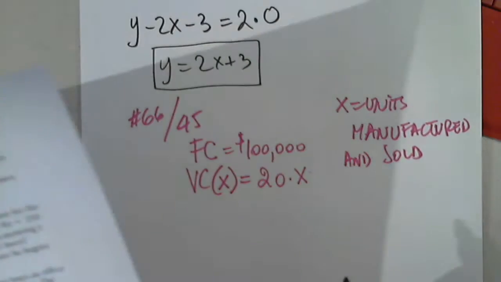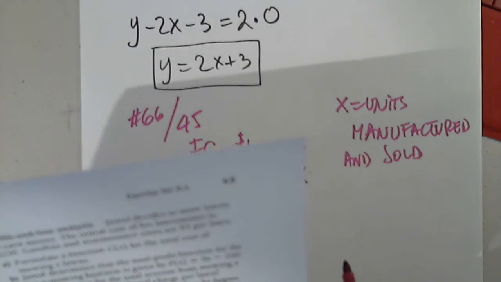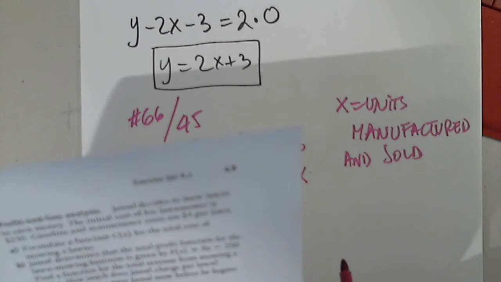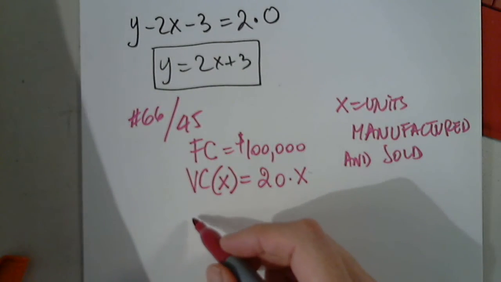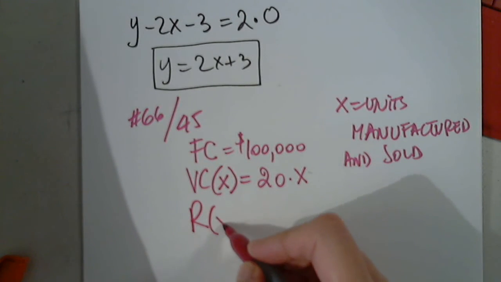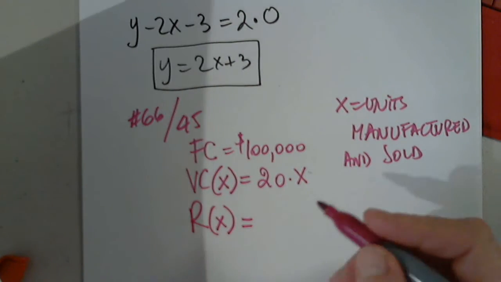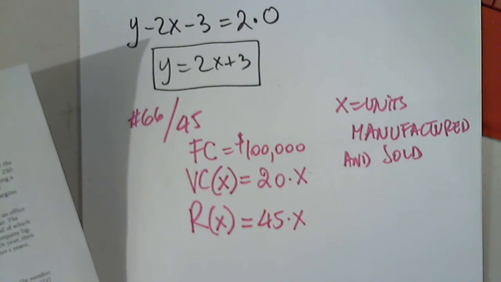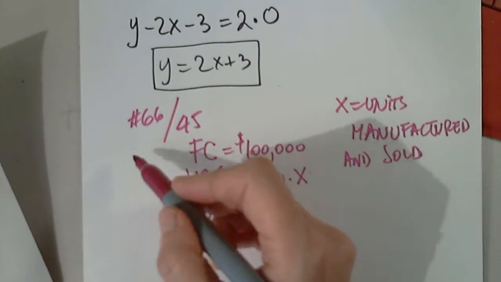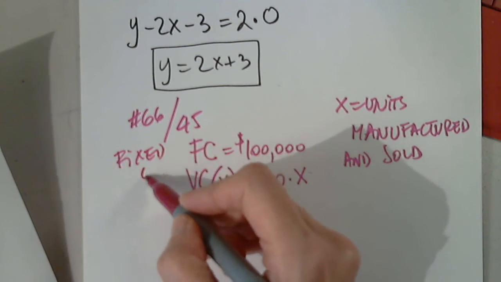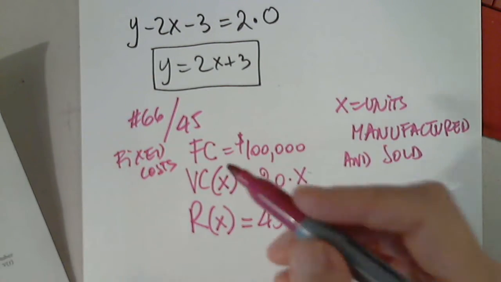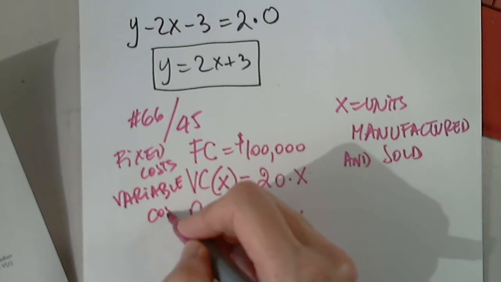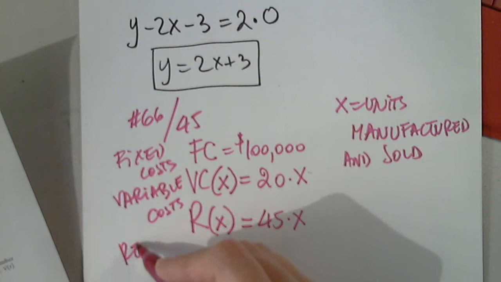We hope. The sales department projects that 150,000 calculators will be sold during the first year at a price of $45 each, so the revenue will be 45 times X. So this is the fixed cost, variable costs, revenue.